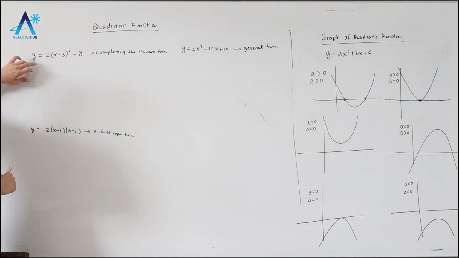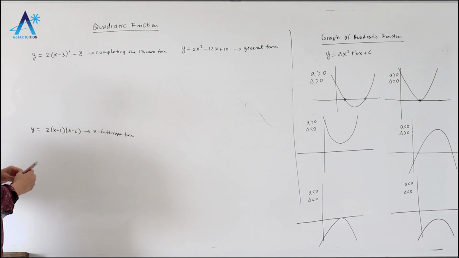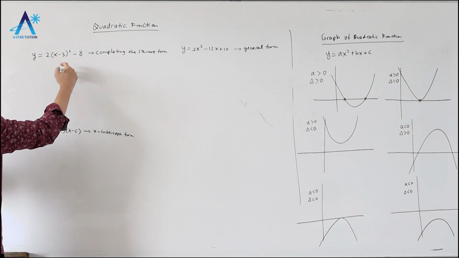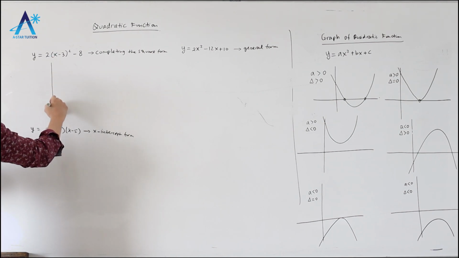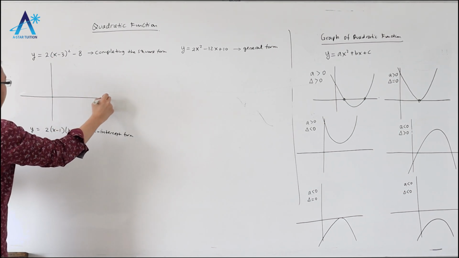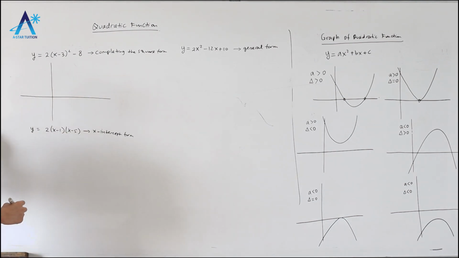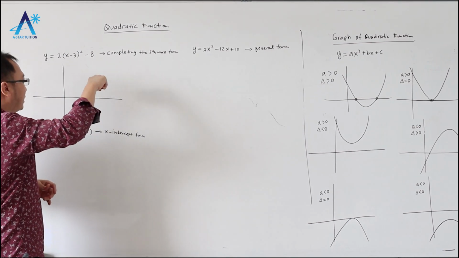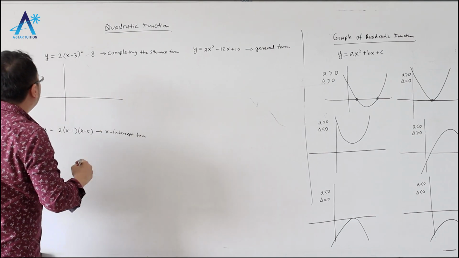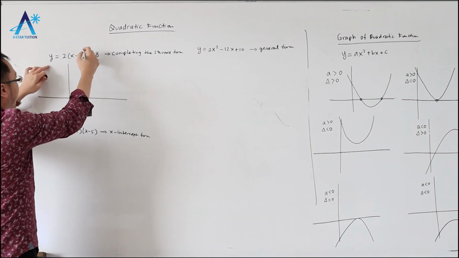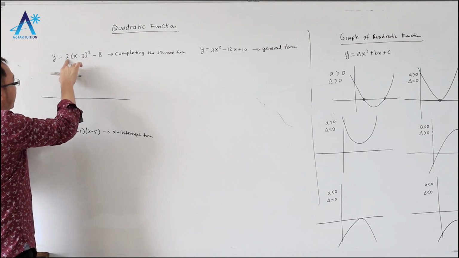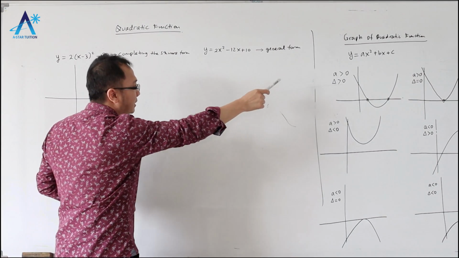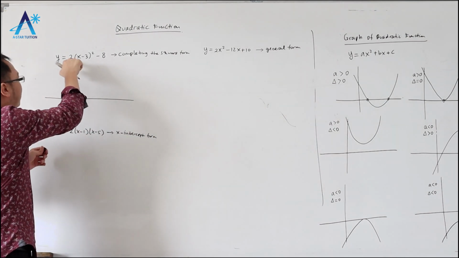If you deal with the completing the square form, it is actually pretty straightforward to graph the following function. All you need to do is first identify the turning point. What is the turning point? The turning point is either the minimum or the maximum value. But for this function, the coefficient of x squared, which was defined as a previously, is a positive number.